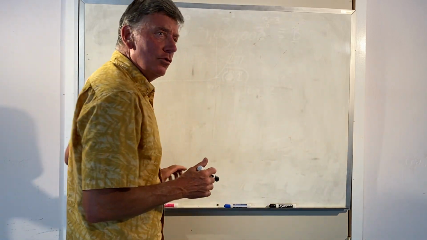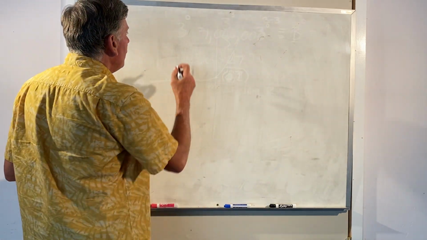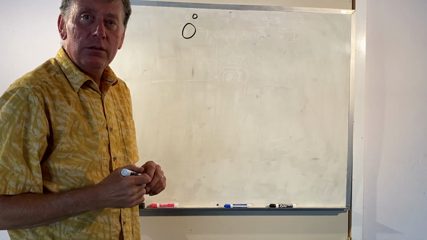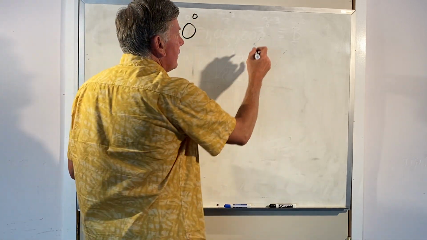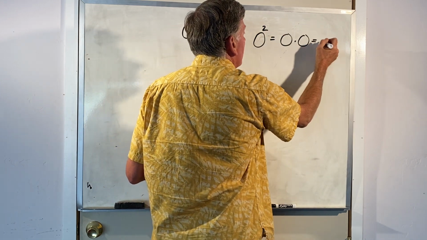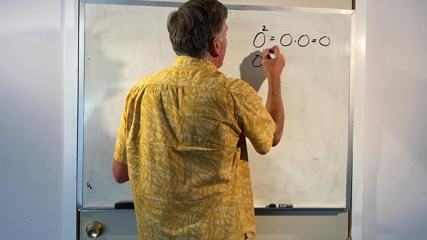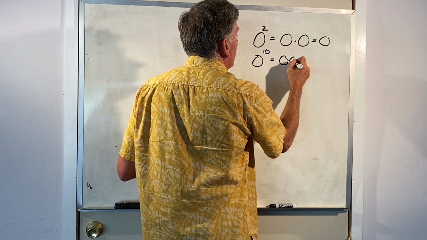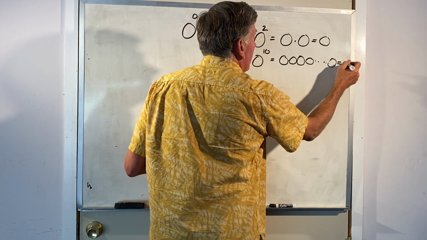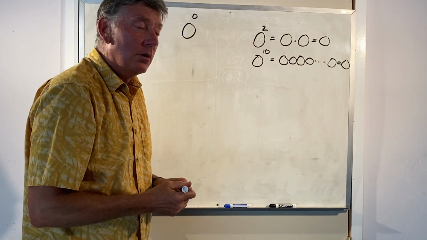All leading up to what I want to ask you: what do you think about 0 to the 0 power? Well, if you think about 0 squared, that's equal to 0 times 0, which is 0. 0 to the 10th power is 0 times 0 times 0 times 0 times 0, and that's always going to be 0.